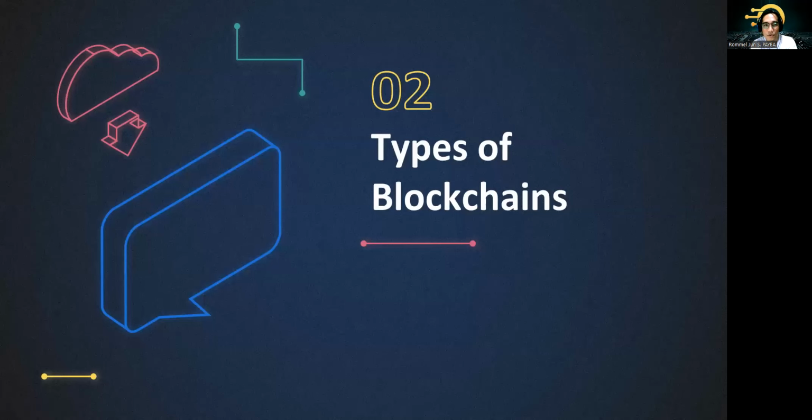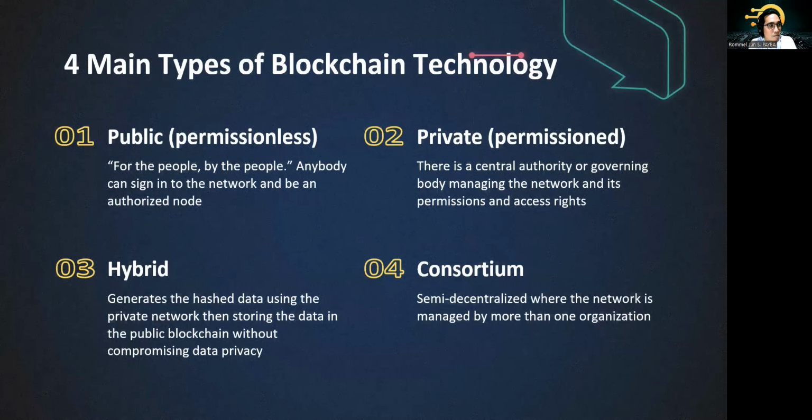Which brings us to chapter 2, types of blockchains. We have 4 main types of blockchain technology. We have public, private, hybrid, and the consortium. So the public is permissionless, meaning it does not need permission. Anyone is allowed to join and participate in the consensus.